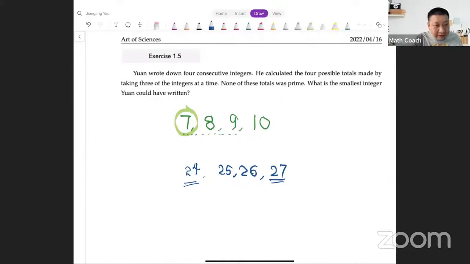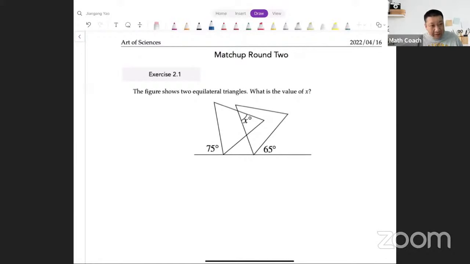Question 1. The figure shows two equilateral triangles with some angle information. What is the value of x? 52, go ahead. Put your answer to everyone.